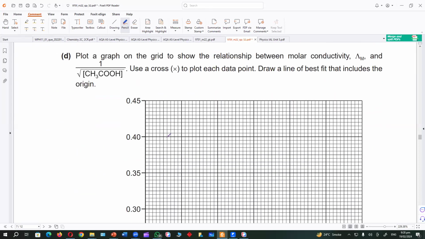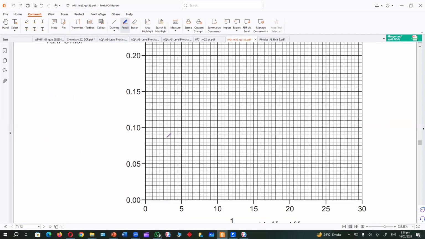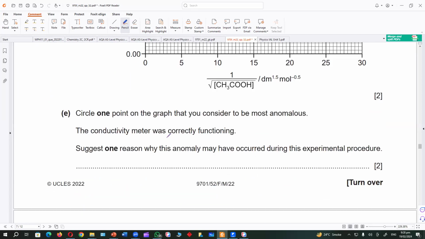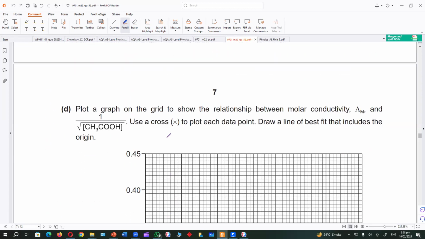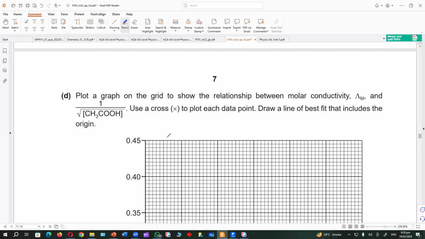Oh, graph. Let's see how much we can do in the coming minutes. This is a big graph.